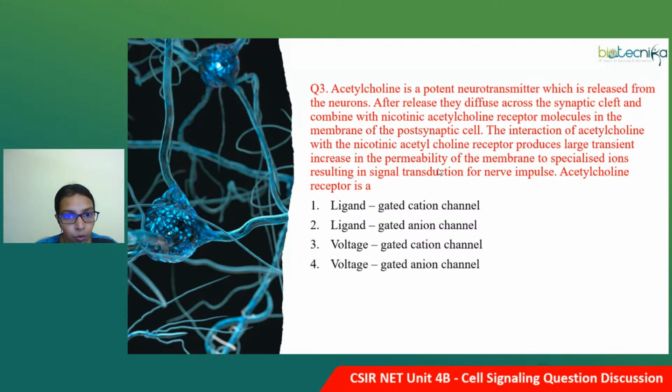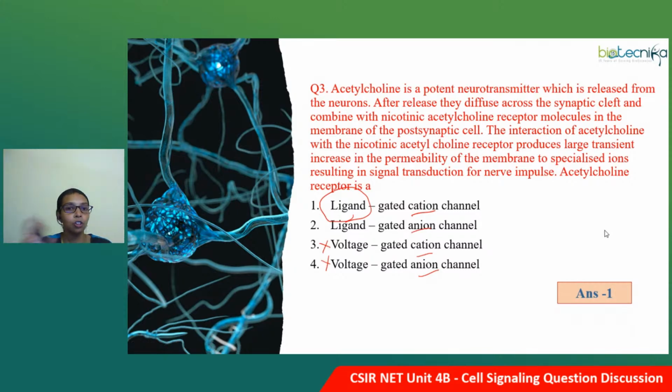The thing is that you just have to remember what is a cation and anion, and since the ligand is already given, we can always say it's a ligand-gated channel. We don't have any role of voltage over here. Okay, fine. Anupam, Kaushalya, and Ashu. So the correct answer over here is ligand-gated cation channel.